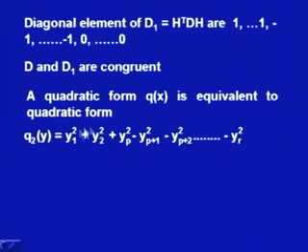The rank of the associated matrix was r, so we will have at most r terms. Some of them will be positive, some will be negative.